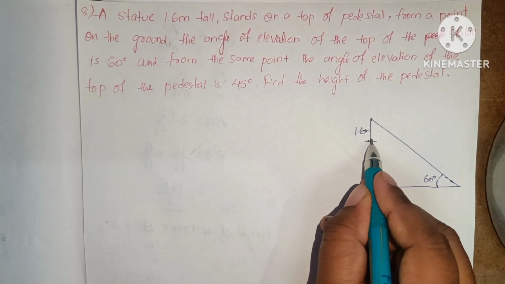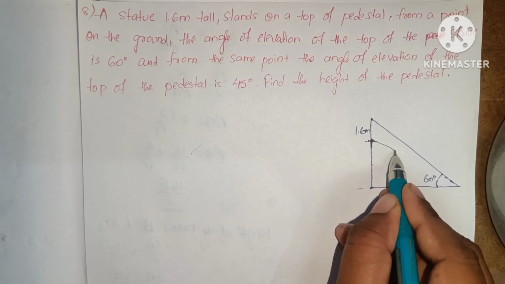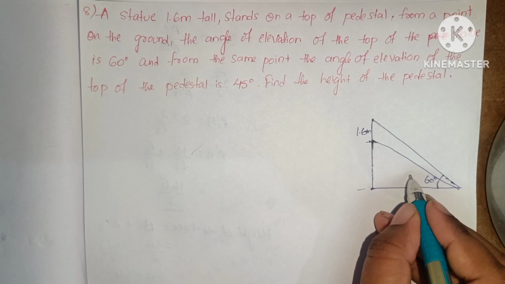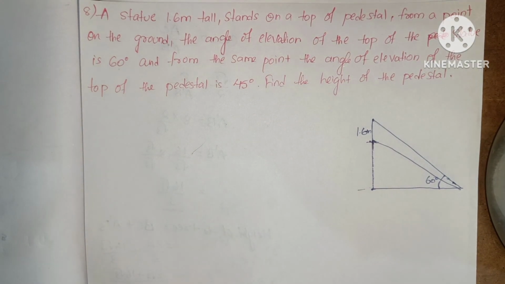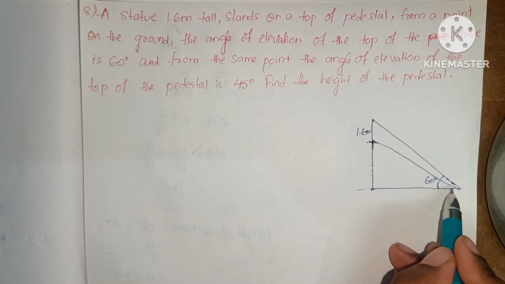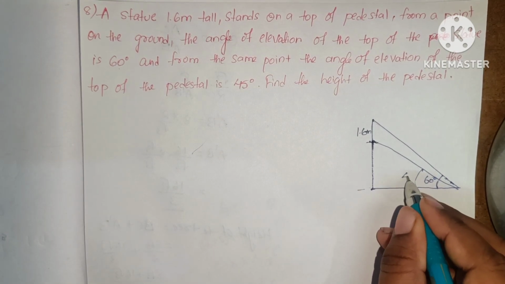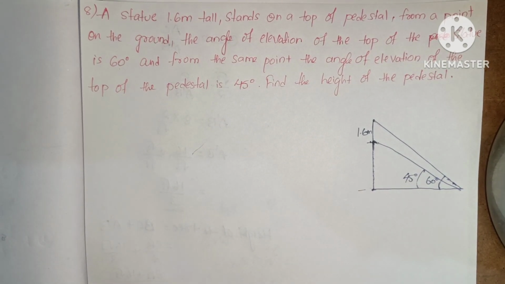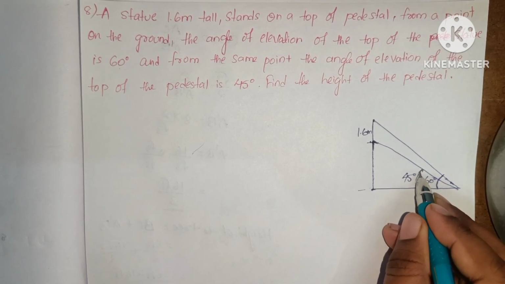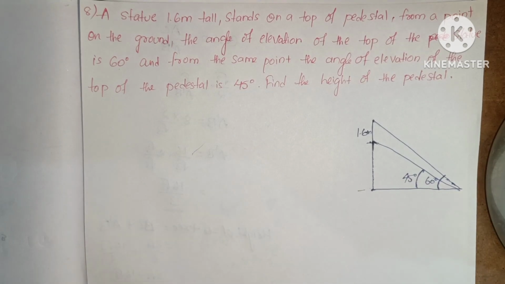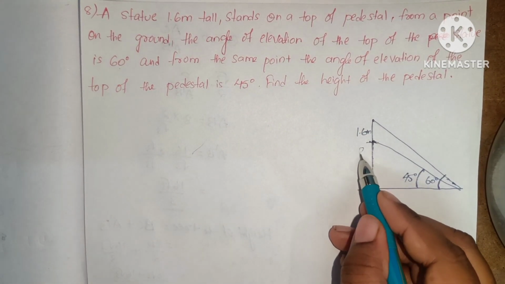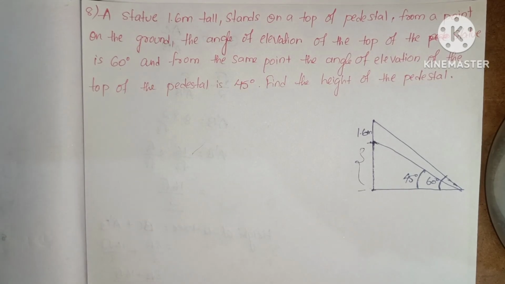So from here the angle of elevation created is 60 degrees, and the top of the pedestal created 45 degrees. So what he asked here: find the height of the pedestal.